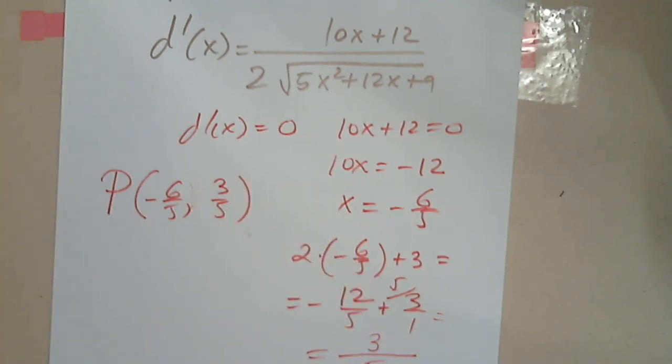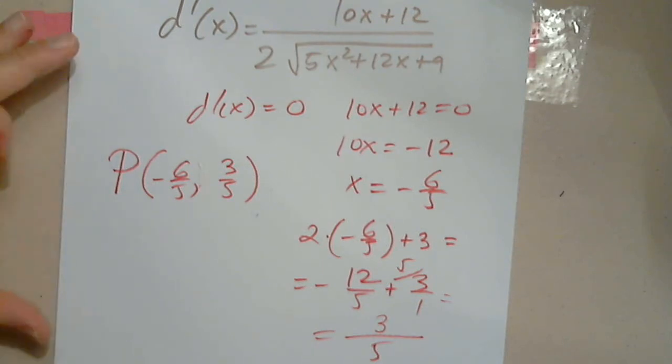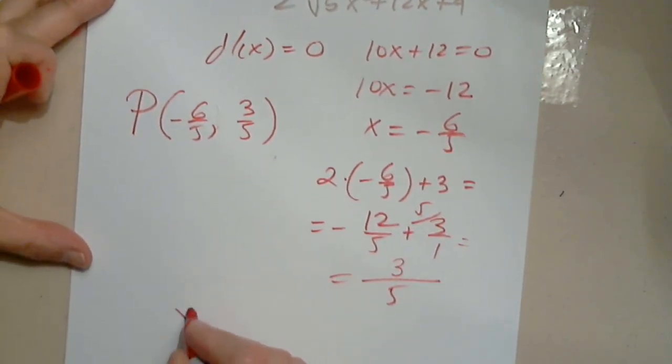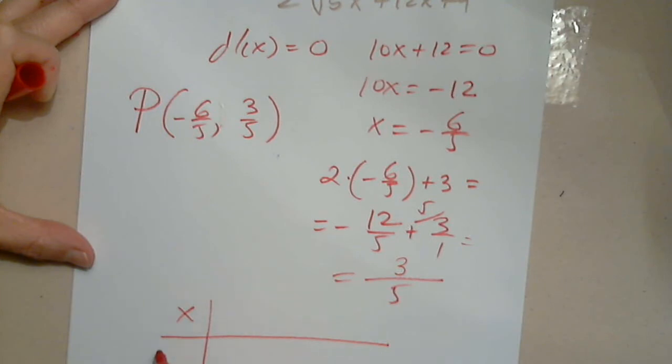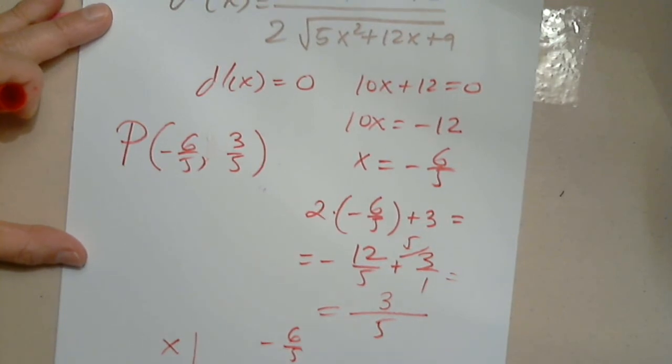And you can say, show me. You haven't proved, maybe this is the maximum distance. Maybe it's not the minimum. I completely agree. I have to show that at negative 6 over 5, the function indeed is the minimum. So I'm going to have 0 here, and let's say negative 2 here.